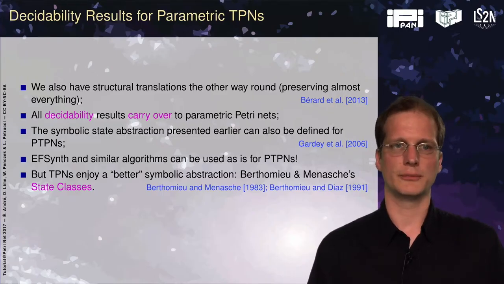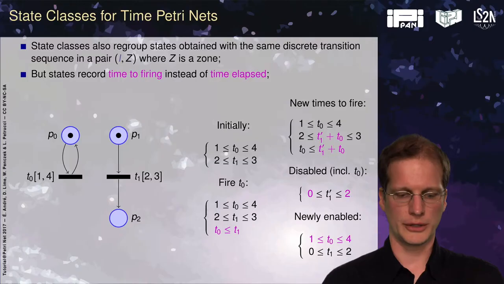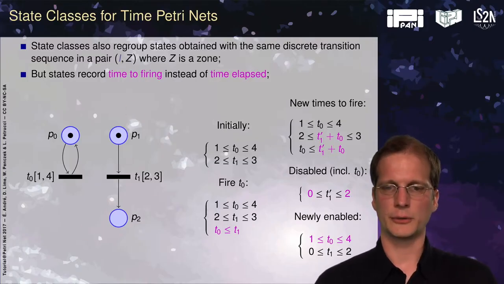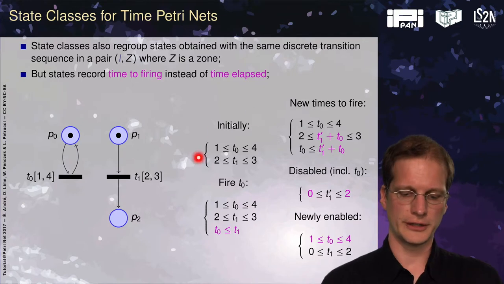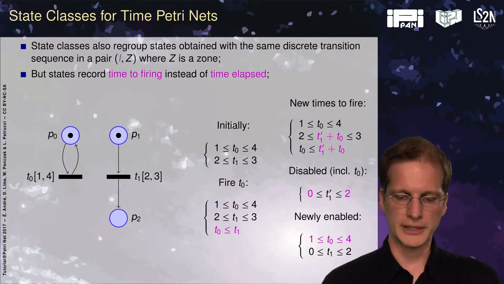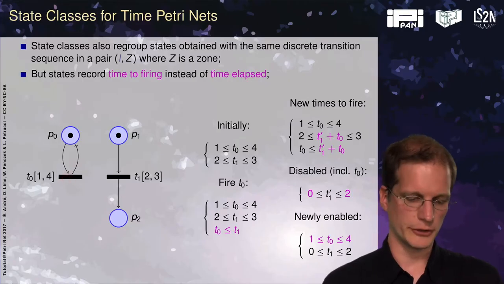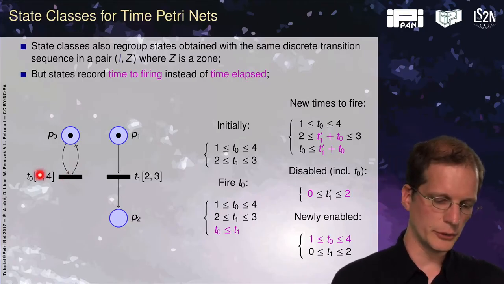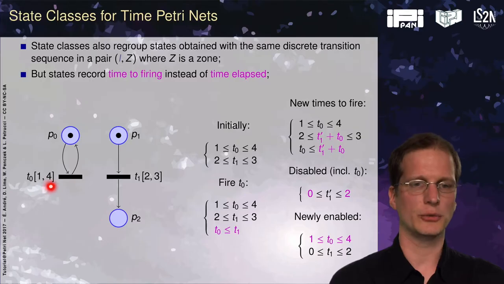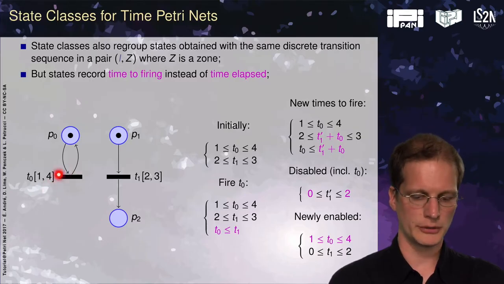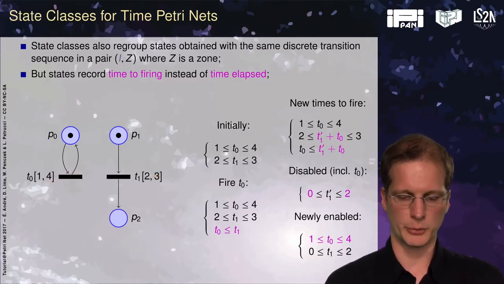and we will now see how this abstraction can be extended to parameters too. So now we have a time Petri net here, and instead of recording in our symbolic state the time elapsed for each transition, we could say, for example, we start with 0, and then we let time pass, and then we get to 1, and then up to 4, maybe up to 3 here because we have this upper bound.